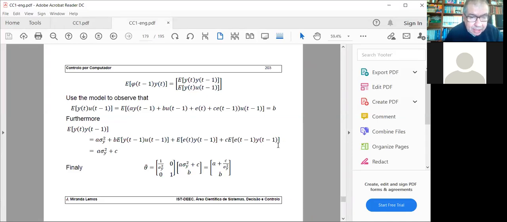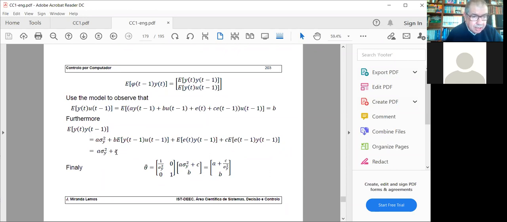If you rewrite the model here, you will be convinced of that. So this gives you just c times the variance of e. Let's call it 1. Assume that e is unit power, unit covariance. So this term is nothing more than sigma y squared plus c.